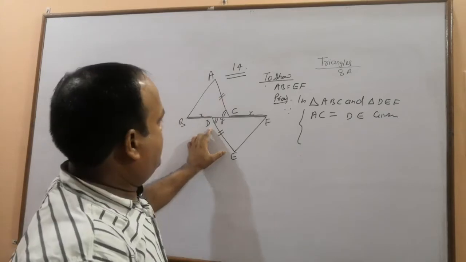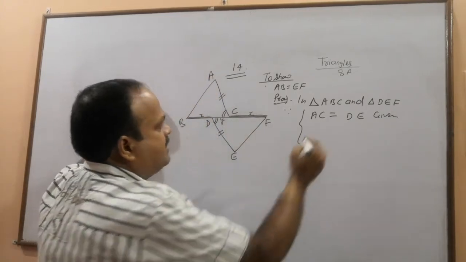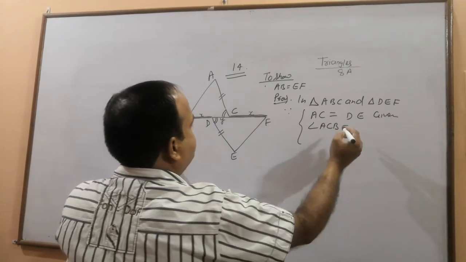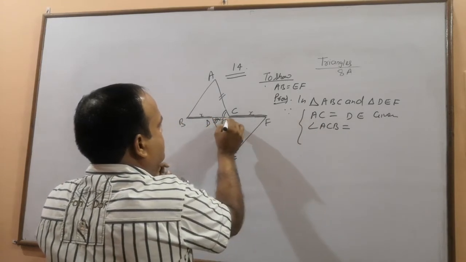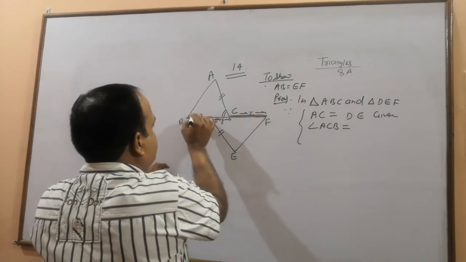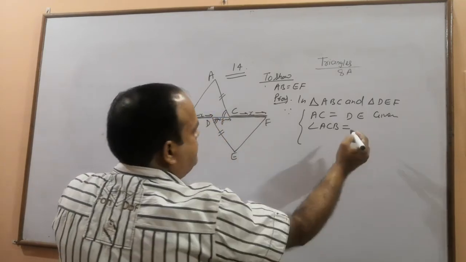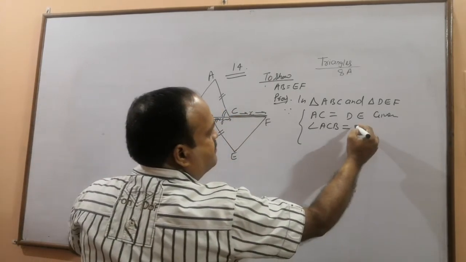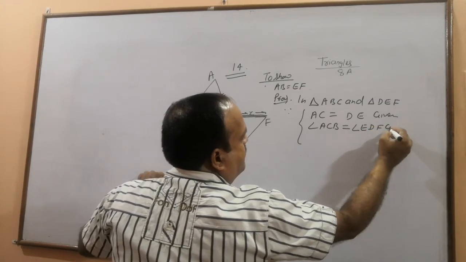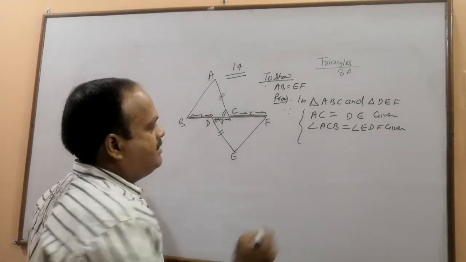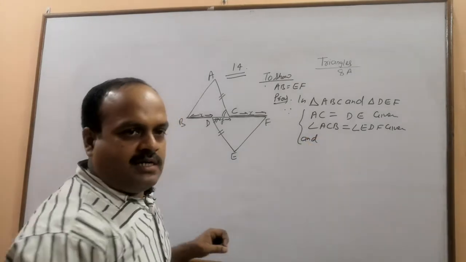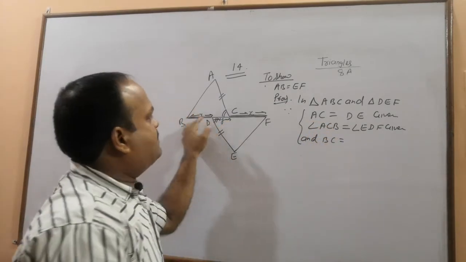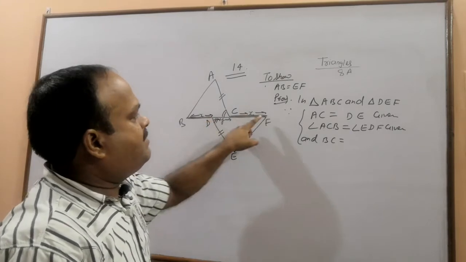given angle ACB equals to angle EDF, this angle is equal to this angle EDF, and third thing, this BC, which is x plus y, and DF is also x plus y.